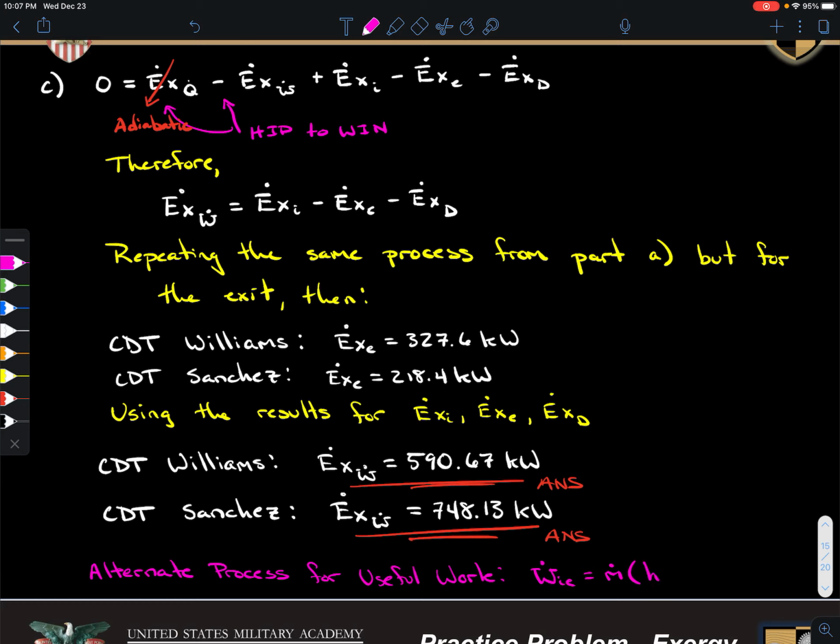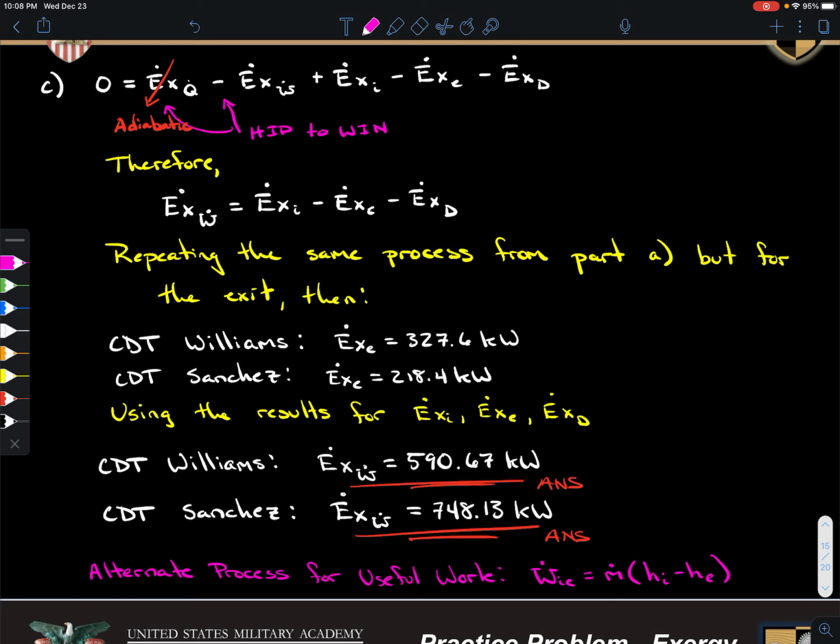For a turbine producing positive work, our inlet enthalpy is going to be greater than our exit enthalpy. So HI minus HE is equivalent to a positive work term, positive work out, right? Hip to win. We need positive work out for work to be greater than zero.